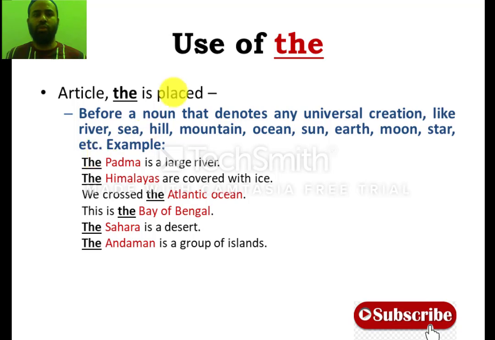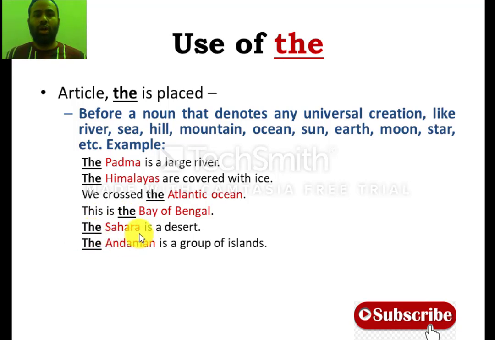For example, the Padma. You know, Padma is the name of the river, right? The Padma is a big river. The Himalayas are covered with ice. We crossed the Atlantic Ocean. This is the Bay of Bengal. The Sahara, you know, Sahara is the name of a desert.